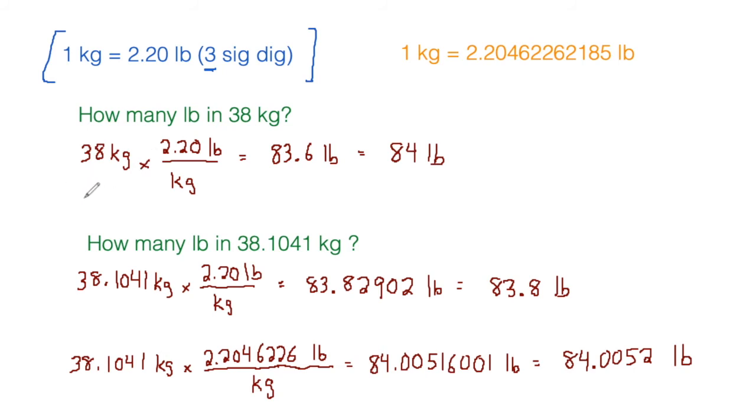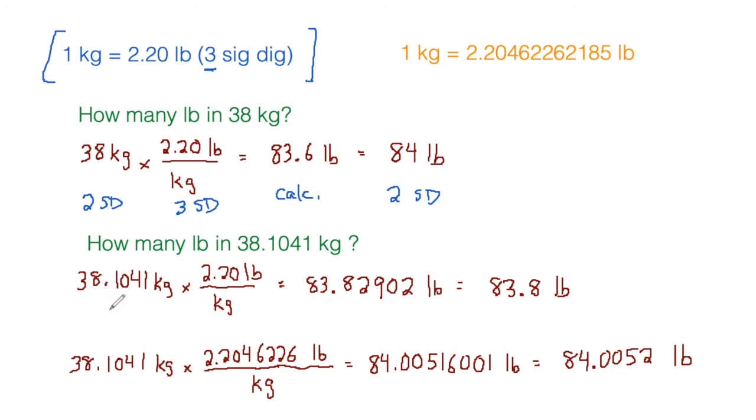For example, this measurement has 2 significant digits, so using the conversion factor that only has 3 significant digits is good enough because we have this for what the calculator gave us, and we are changing it to something that has 2 significant digits. So if we had used a conversion factor with a lot more digits, we still would have to round it down to 2 significant digits and get the same answer.